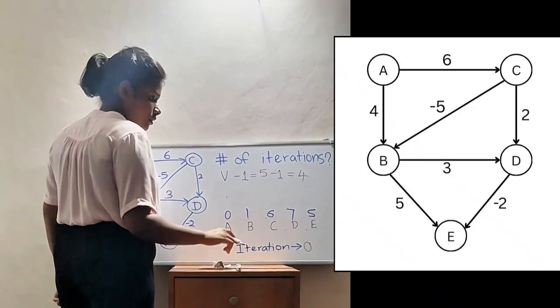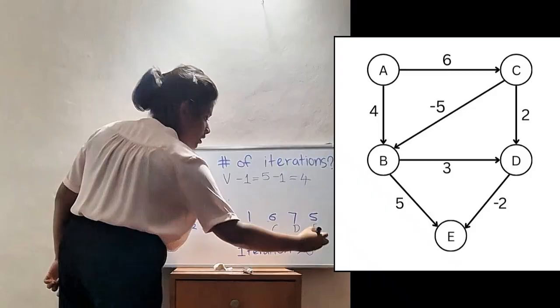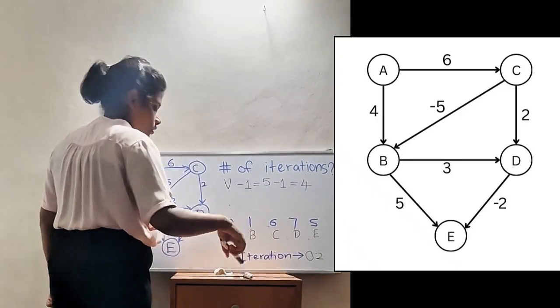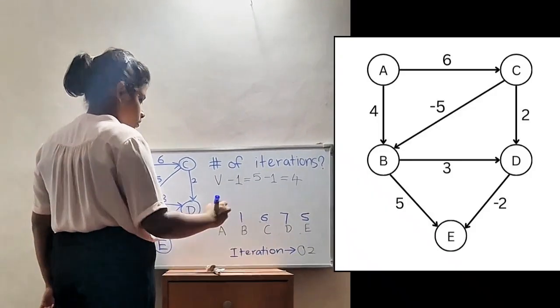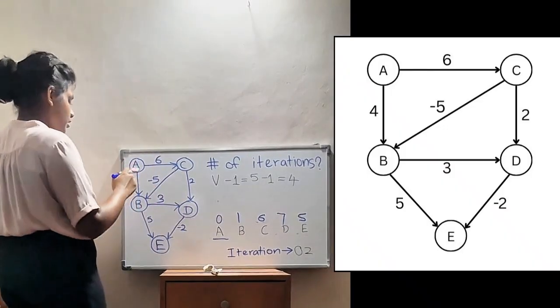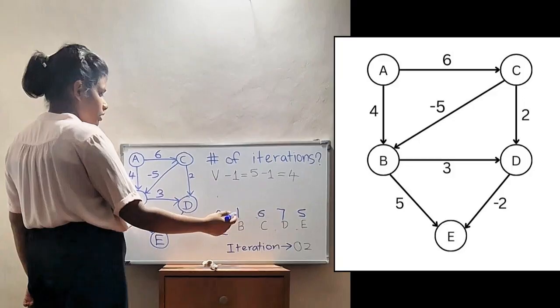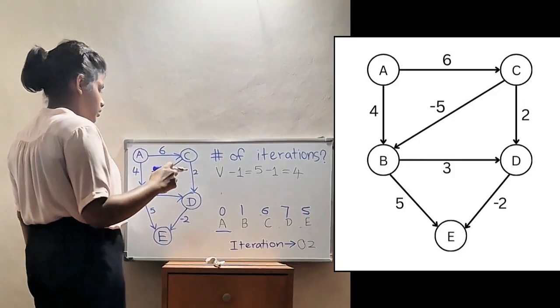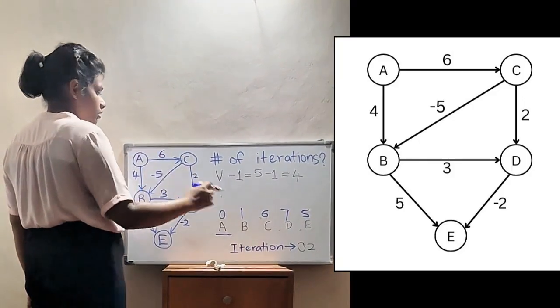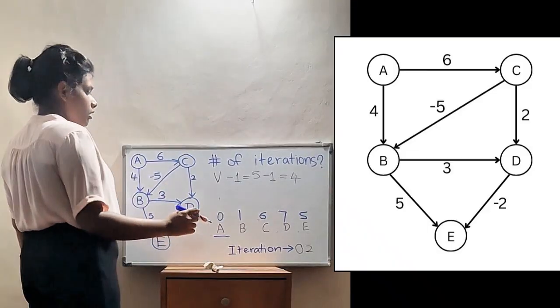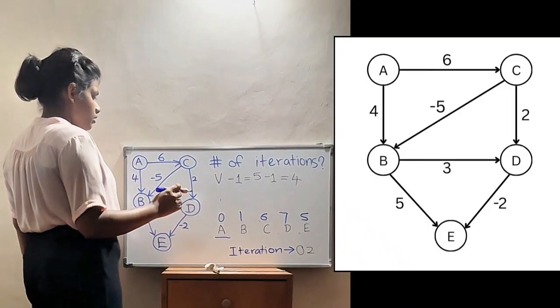Now moving on to the second iteration, from A to B it is 4. No need to update because 4 is greater than 1. A to C is 6. No need to update.